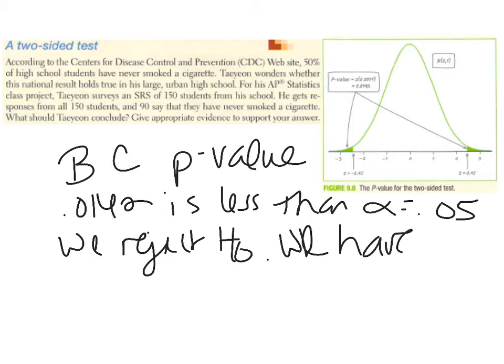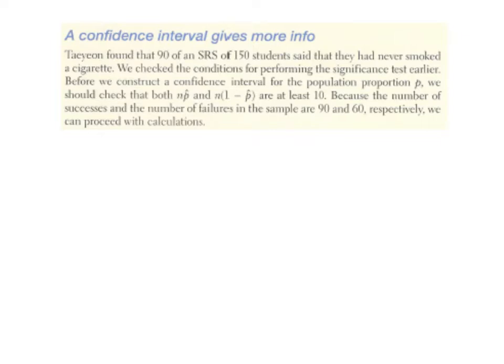Okay, so now that I reject the null hypothesis, what if I want to get an idea of what the actual proportion is at his high school? Well, then I can calculate a confidence interval for that. We've done the conditions already.